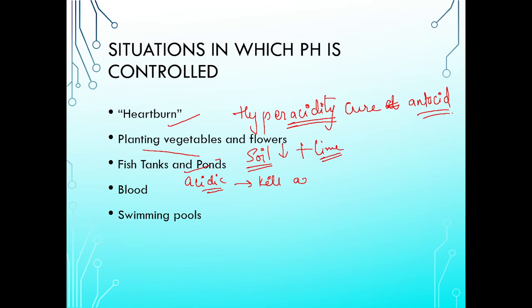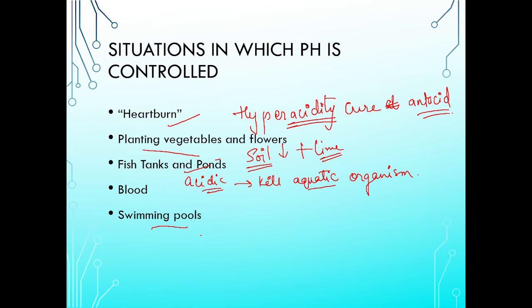kill aquatic organisms. So whenever this action is taking place, what we need to do is control the pH by adding something basic, right? Then in swimming pools also, just to control the infections of your skin, we need to add some bleaching powder, right?